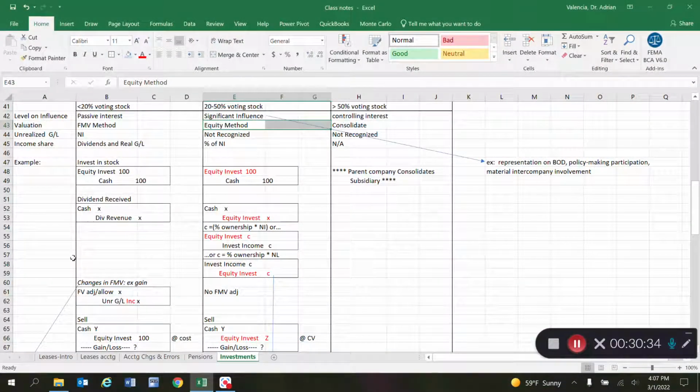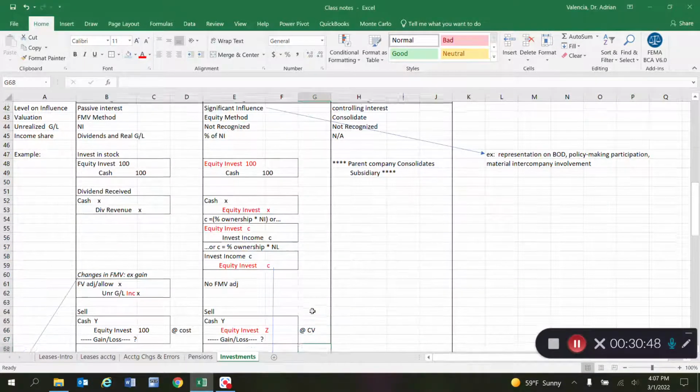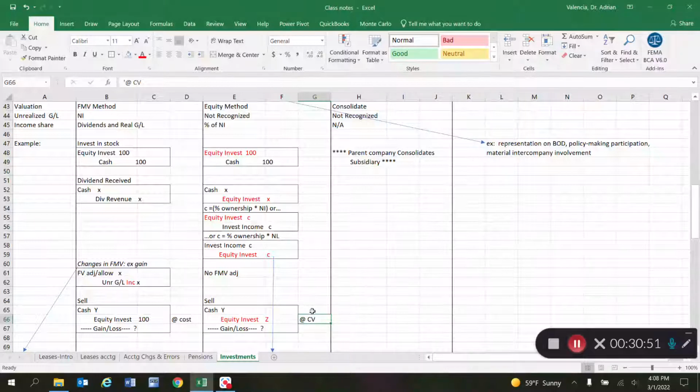So while this one is the carrying value at cost, this is the carrying value at equity method. And again, you have a potential gain or loss in that scenario as well.